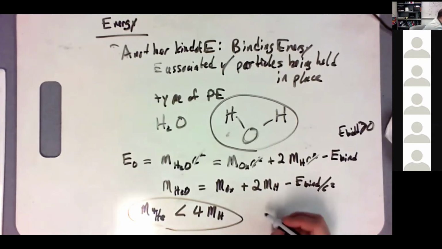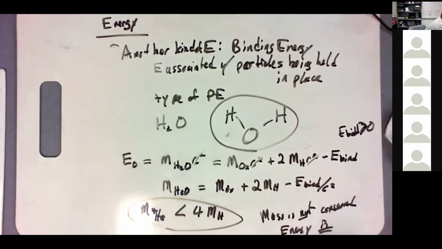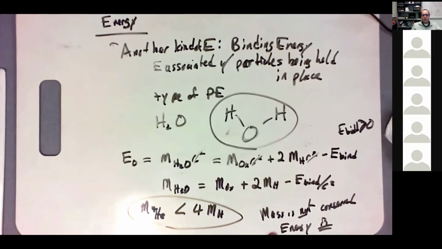So mass is not conserved. Energy is. If you consider mass just being a form of energy, then energy conservation is all you really need to worry about, because mass is just a form of energy.